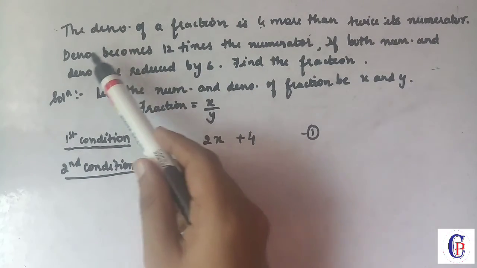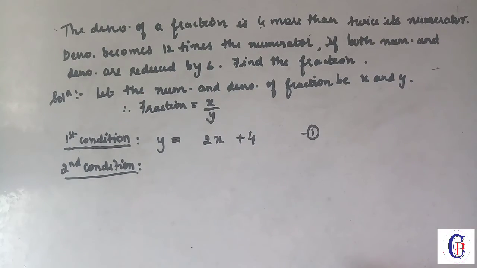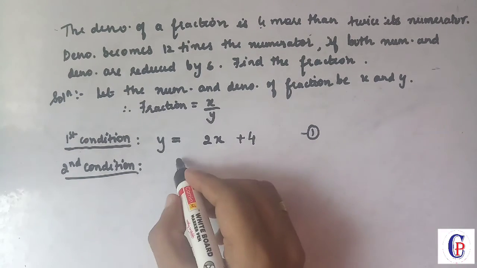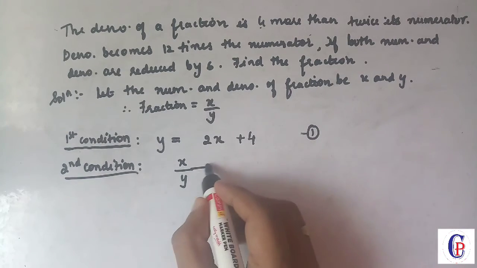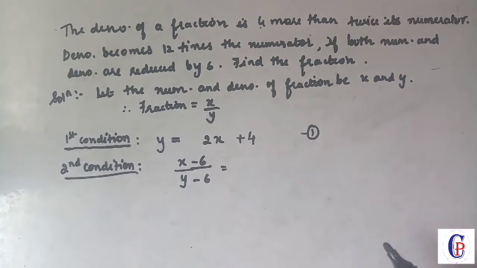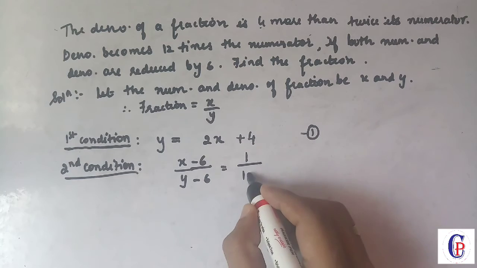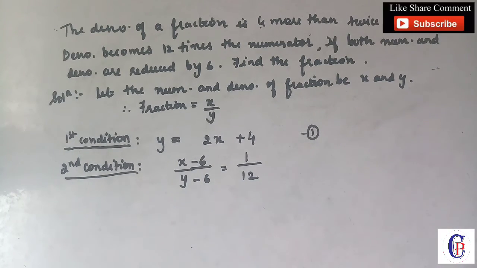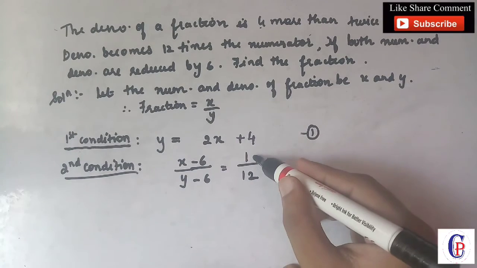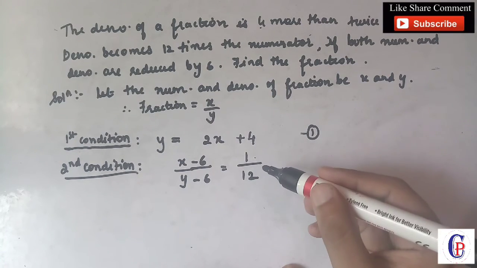The second condition says the denominator becomes 12 times the numerator if both numerator and denominator are reduced by 6. So this is your numerator and denominator. If you reduce both the numerator and denominator by 6, what happens? The denominator becomes 12 times the numerator. If this is 1 time, the denominator becomes 12 times.